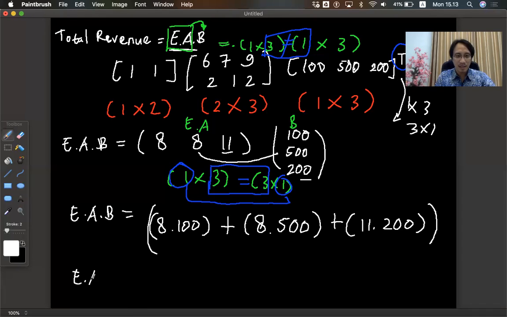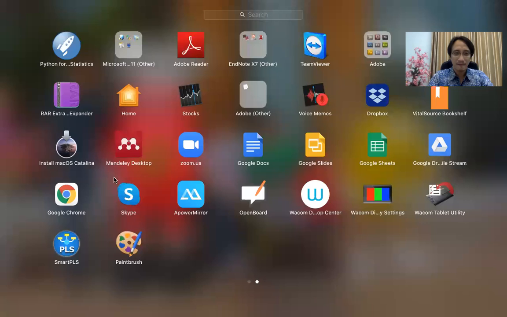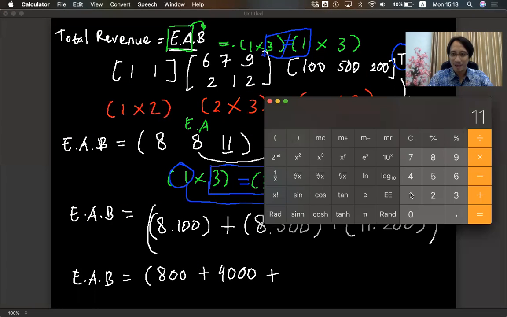So E times A times B equals 800 plus 8 times 5 is 4,000 plus 11 times 200, 2200. If you are not sure, then you can open and use your calculator.